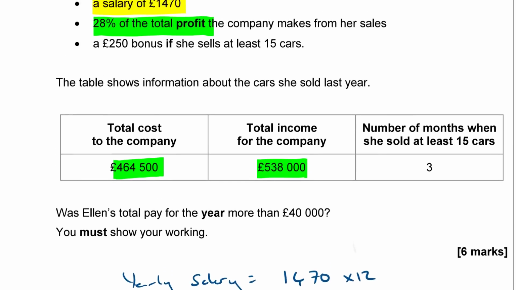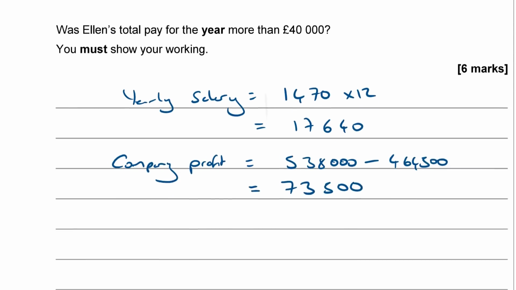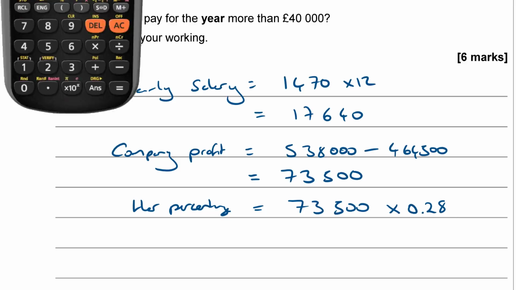Now, she gains 28% of the profit. So her percentage is going to be that 73,500. Well, we want to work out what 28% of that is. So we're going to use the multiplier 0.28, rewriting that percentage as a multiplier, and then multiplying through by it.